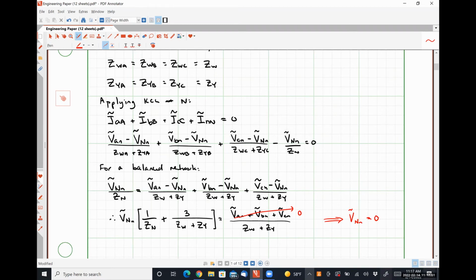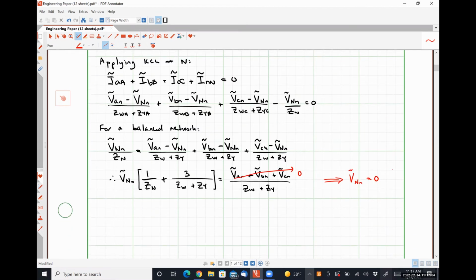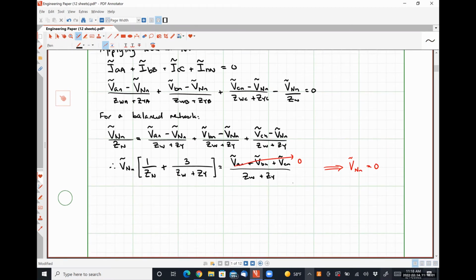All right, so from this result, we can see a couple of things. INN, the current flowing through my neutral conductor, is negative VNN over Zn.